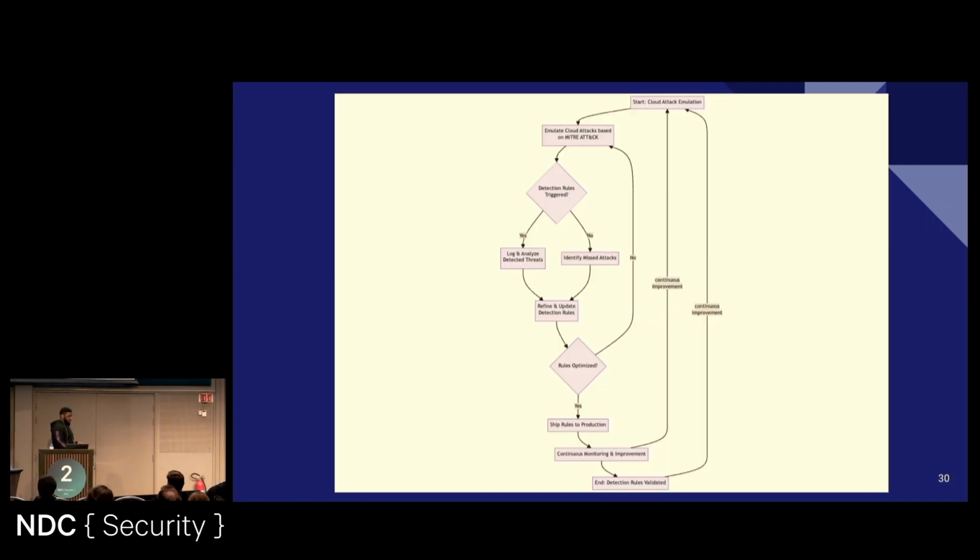All right, so let's go and see a bigger picture. Here it's just a flow chart, which I think should be big enough, right? This flow chart starts from where you emulate attacks, and you use MITRE ATT&CK as the basis for what you should emulate.